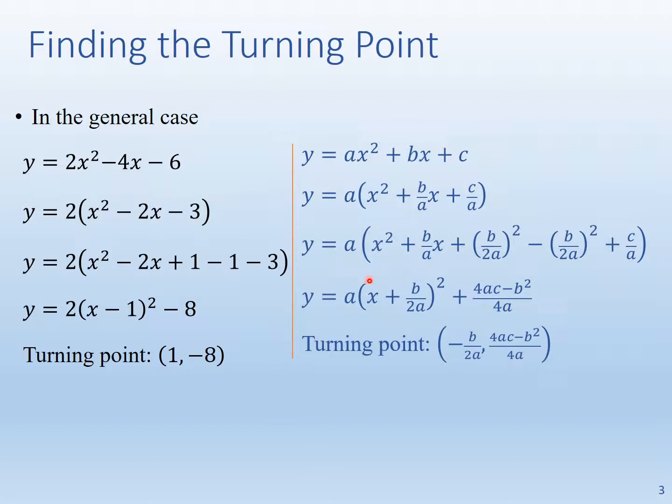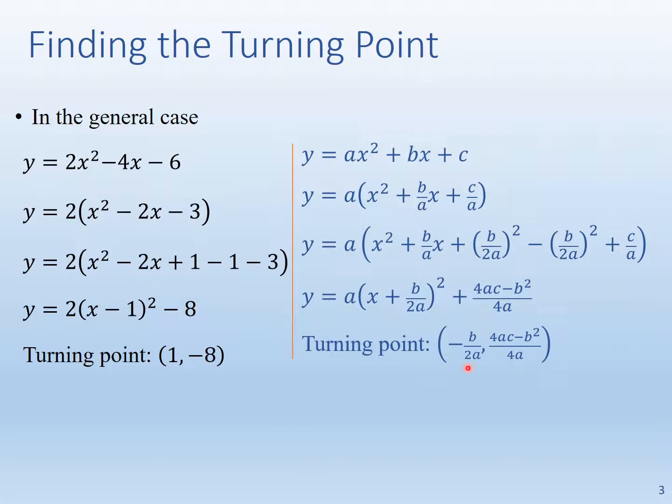to make that square term 0, and our minimum or maximum value for y will be this term at the end. It'll be a minimum value if a is positive, because to that value we are adding some amount, and the minimum we can add to that will be 0. And it'll be a maximum if the a is negative, because then we'll be subtracting away from that amount.